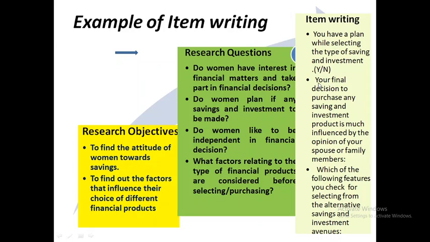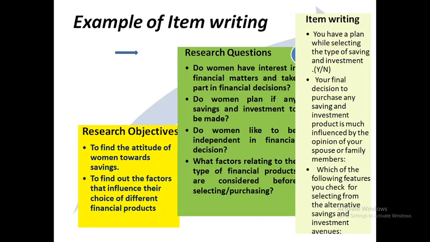Now see the second question. Your final decision to purchase any saving and investment product is much influenced by the opinion of your spouse or family members. There are response categories; I am not showing them, since I am only going to discuss the questions.